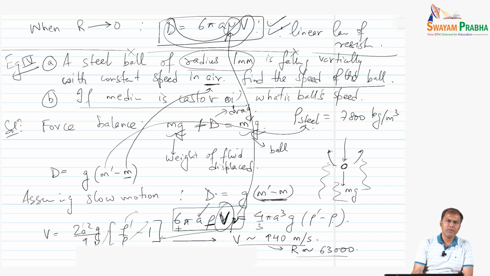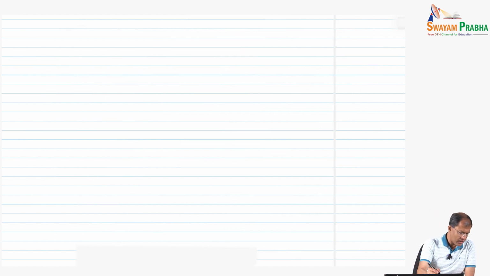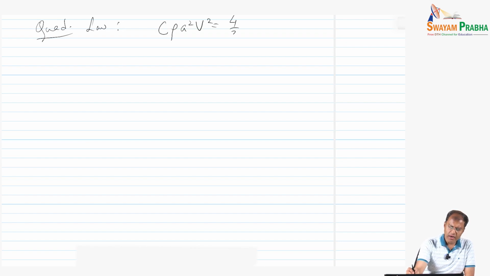So let us see what happens when we take a quadratic law for the drag, that is the one for the higher velocity case, right? So suppose we take the quadratic law, we see that c times rho a square v square is 4 by 3 pi a cube times (rho prime minus rho) times g, right?